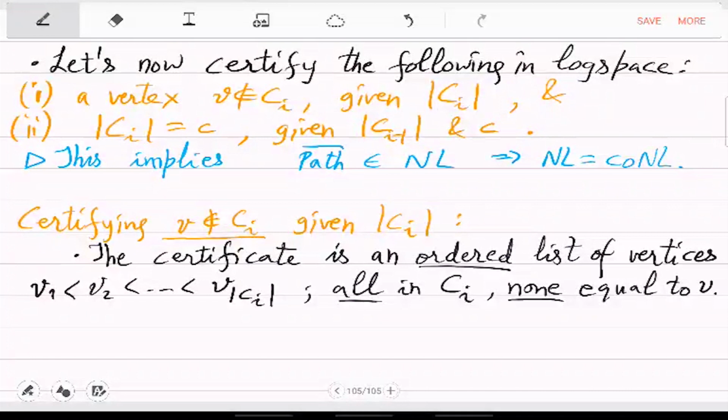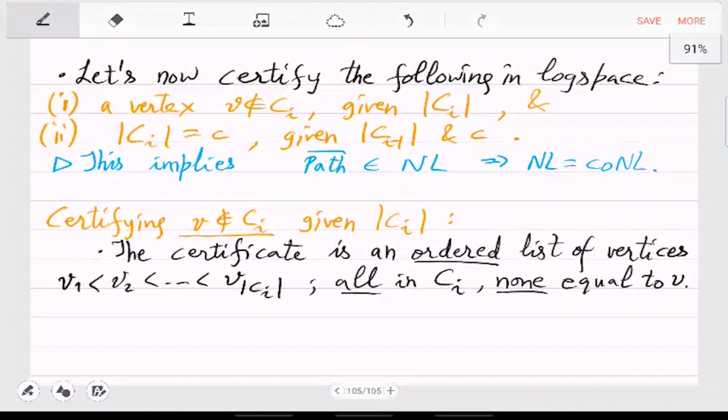The only thing is, how do you verify that your guesses are correct? So the verification will be as follows, or well, how do you correctly guess these?